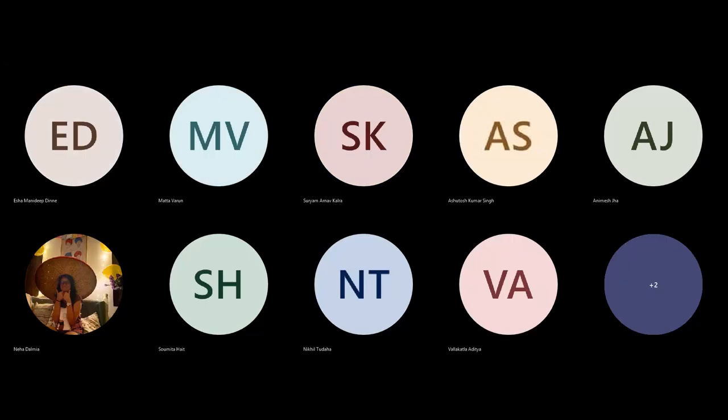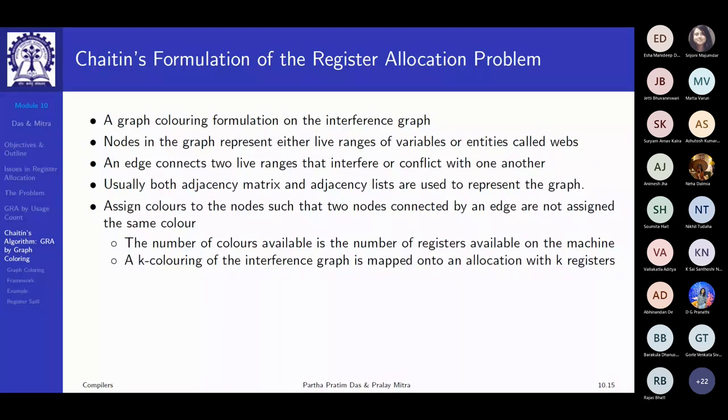registers to different variables in a code region, which could be a function or a bigger region. And the basic objective is to make sure that we do not have any redundant load store, and the allocation is consistent in the sense that there's no point where the two variables which are conflicting are allocated the same registers.